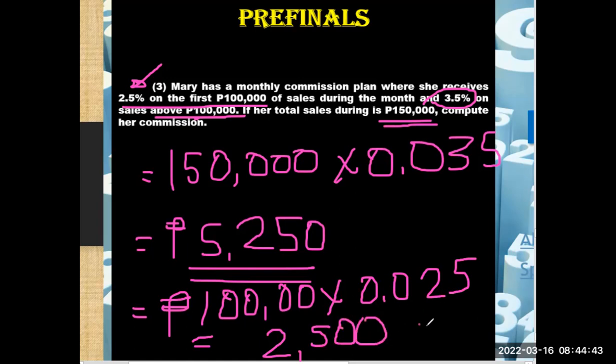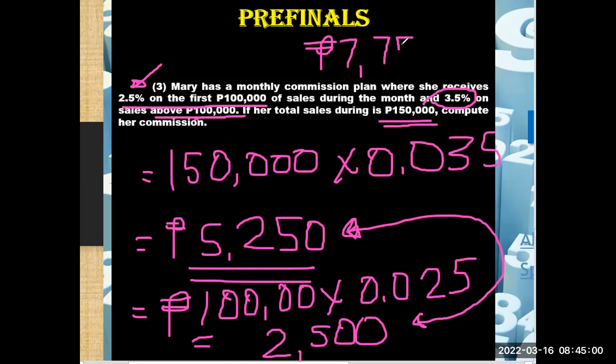Ayan. I-add natin the two. So yung total niya 5,250 plus 2,500 is 7,750. So, ito yung talagang kanyang magiging earnings or commission for the whole month.